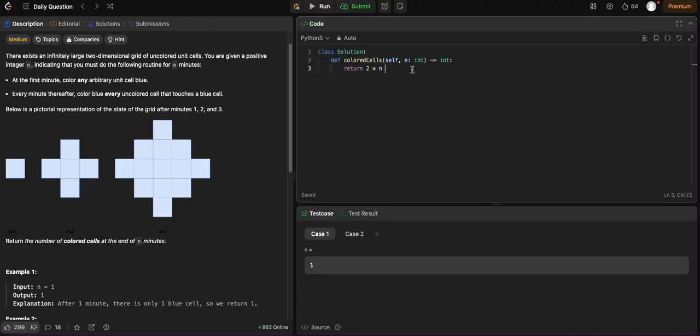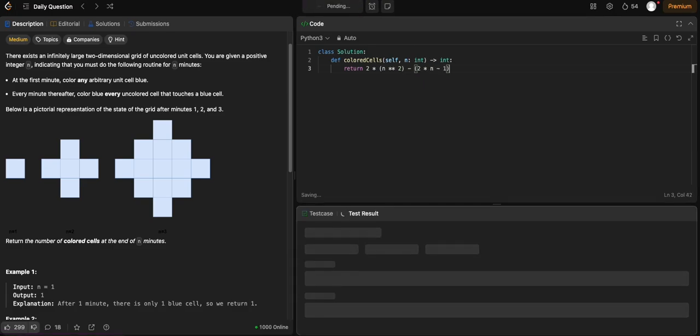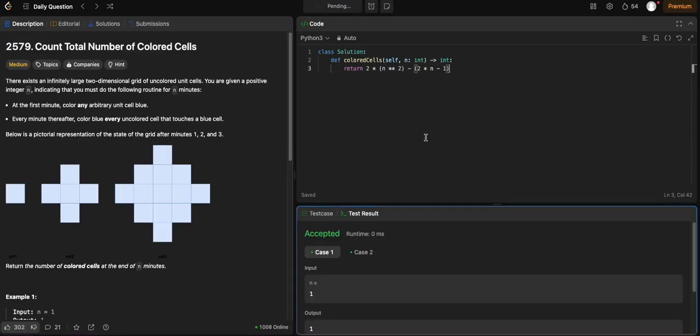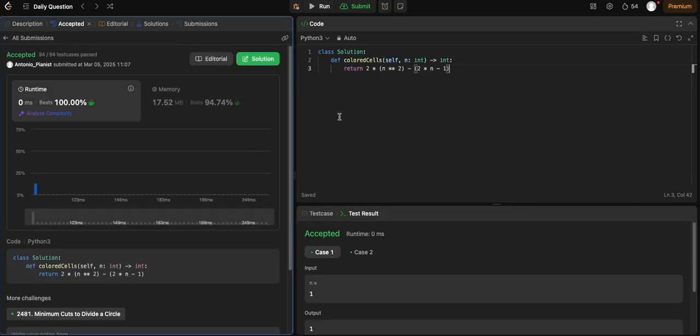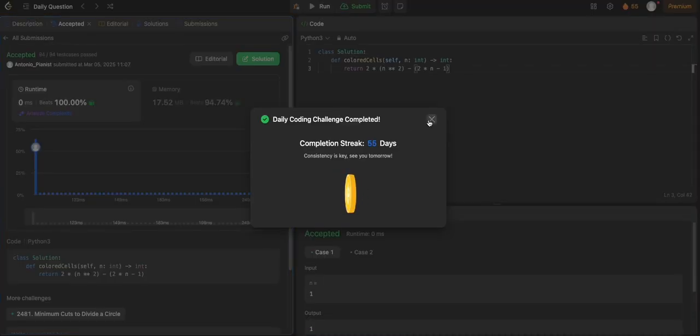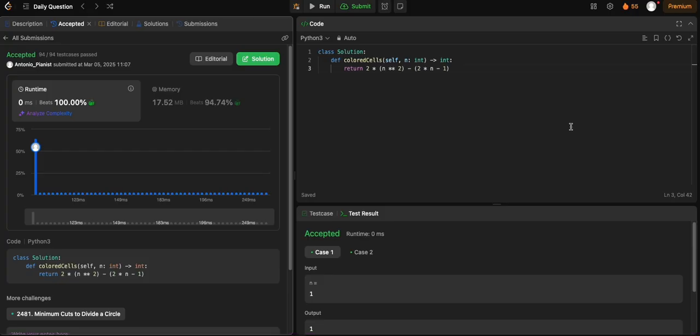So it should just be 2 times n squared minus 2 times n minus 1. I think that's the formula. Looks like it. Done.